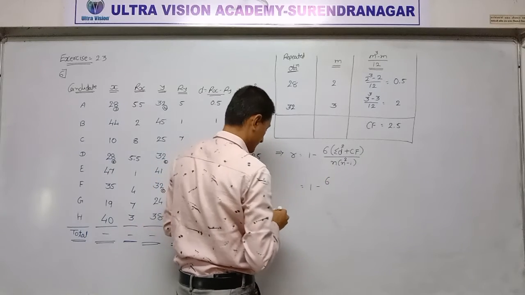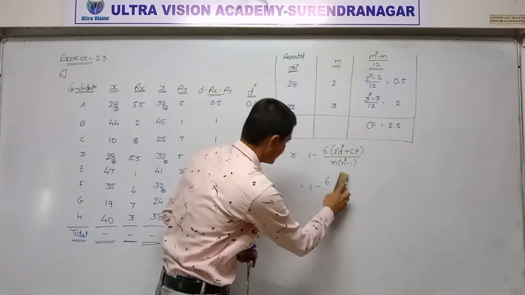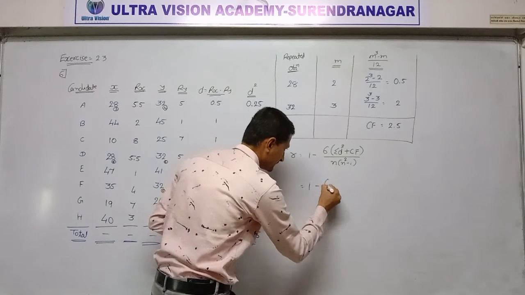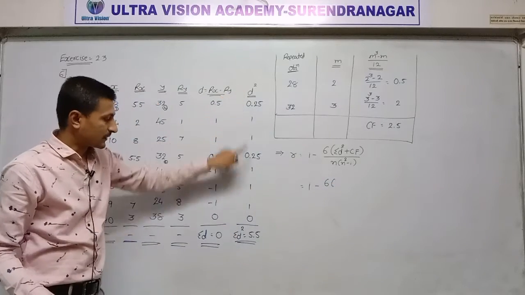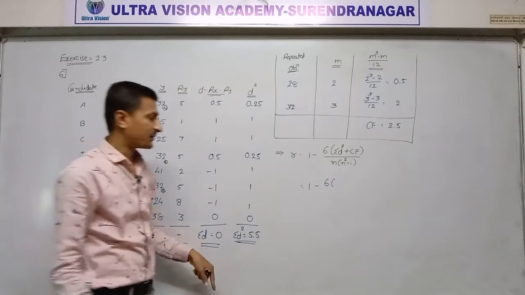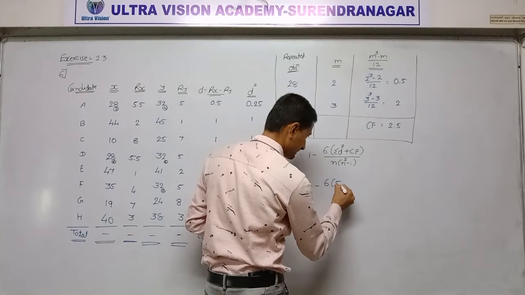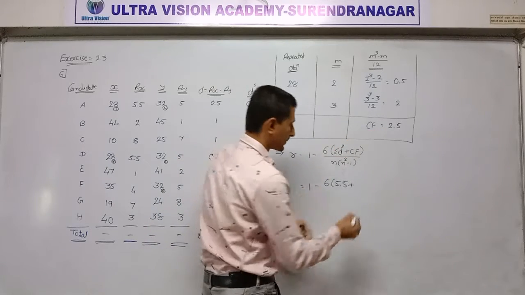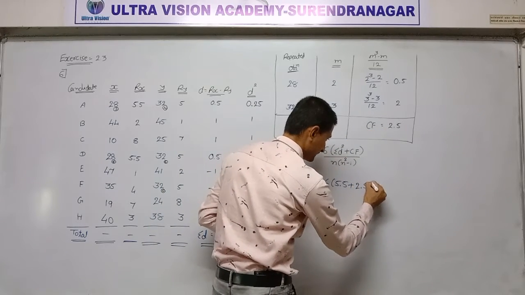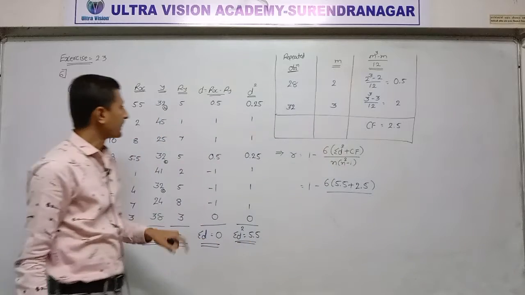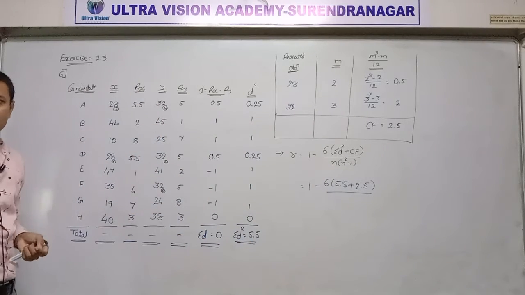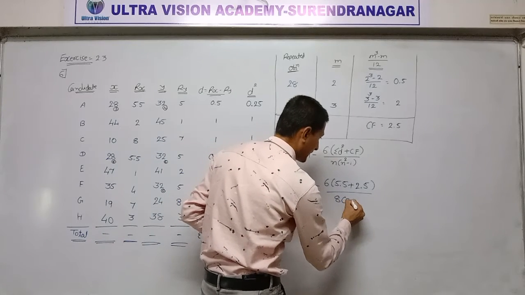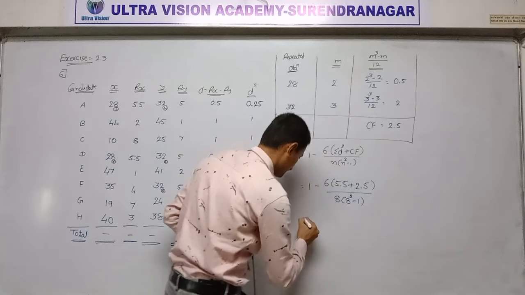Check the sigma d square value: in the first table, the last column value is 5.5. Plus CF, the correction factor column total, is 2.5. Divide by n; a total of 8 candidates is given, so 8 in bracket 8 square minus 1.